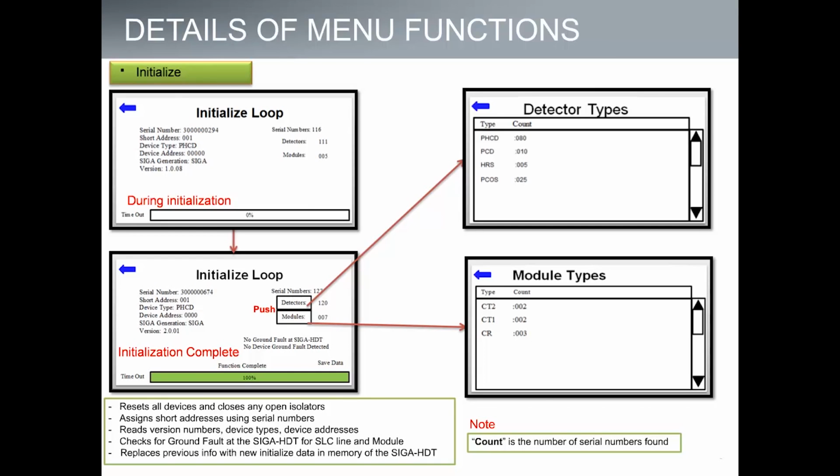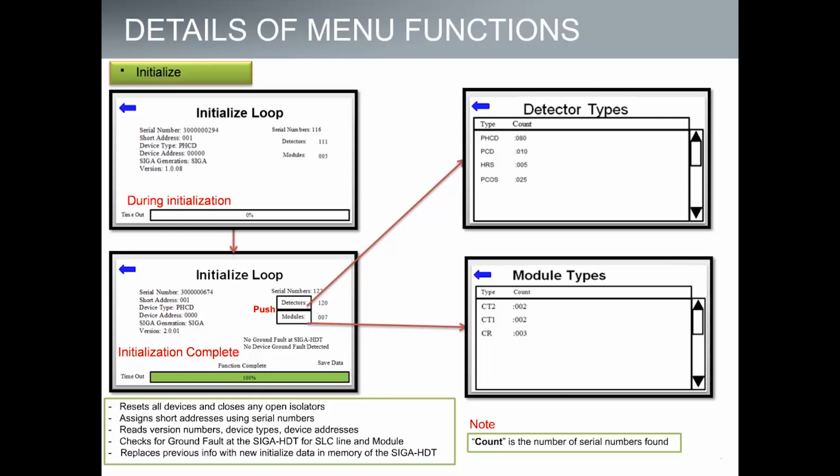The initialize loop function enables the device to perform some initial actions such as resetting all devices and opening all isolators. This function uses the device serial number to assign new short addresses, read device addresses, version numbers, device types, shorts on the SLC, and checks for ground faults on the SLC loop.